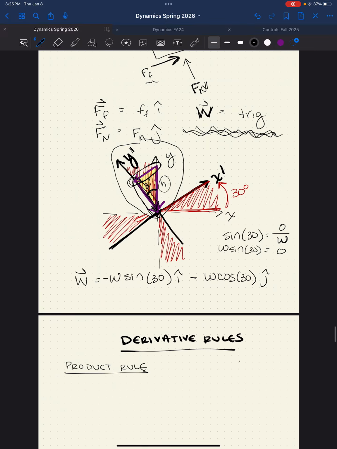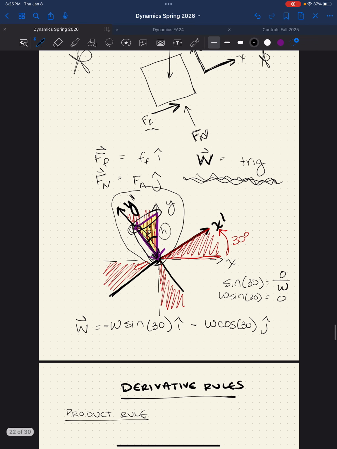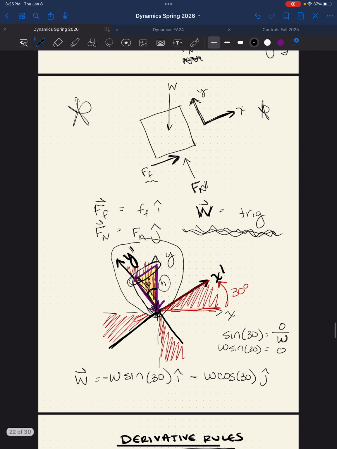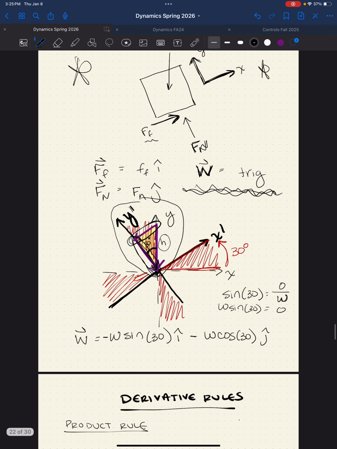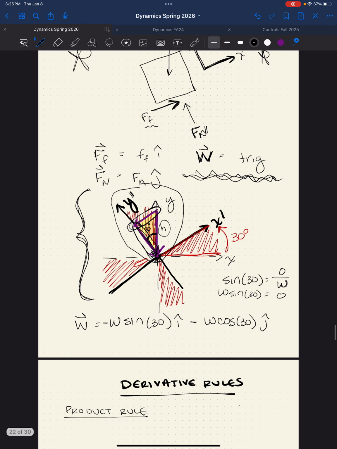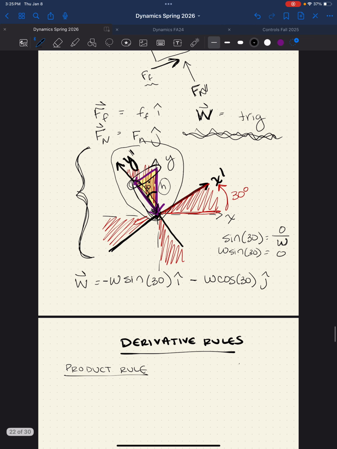Okay, so this is how I get the trig correct. It's just about the only way that I've found to consistently get the trig correct is to draw the trig problem somewhere else other than my free body diagram, and do it by drawing both of the coordinate axes that you're concerned with.